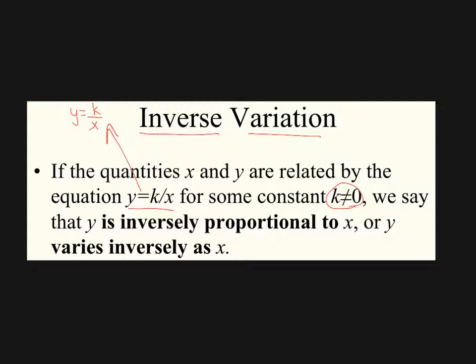We say that y is inversely proportional to x, or that y varies inversely as x. So you want to get this equation, and you want to get these two phrases into your notes, so that when you see this word phrasing in a problem, you can quickly convert over.